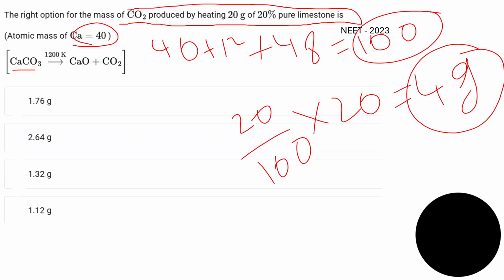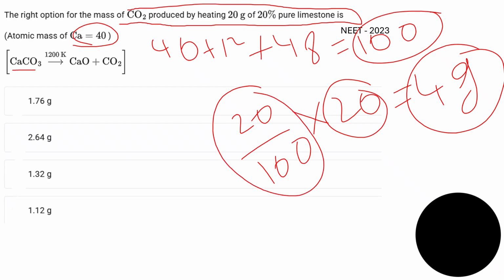Okay, not 20 gram, it is only 4 gram, because in this 20 gram, 20% is pure. Simply we need to find number of moles. Number of moles is nothing but 4 gram divided by 100 gram. This is nothing but 0.04 moles.